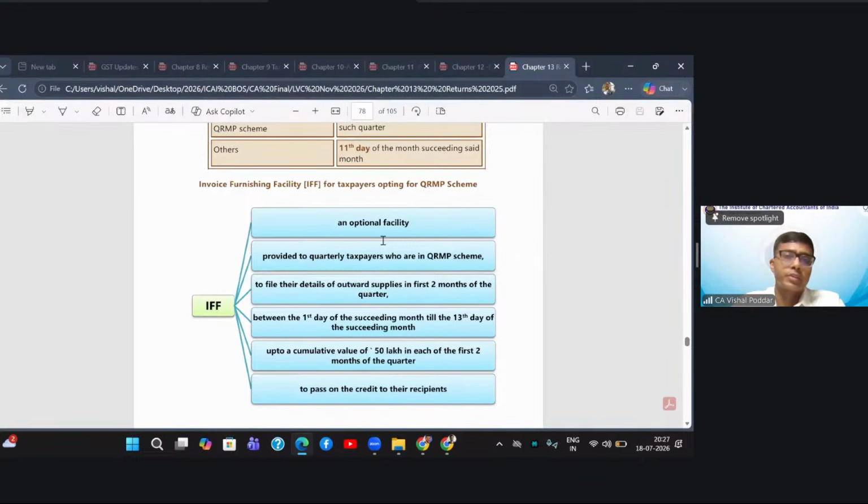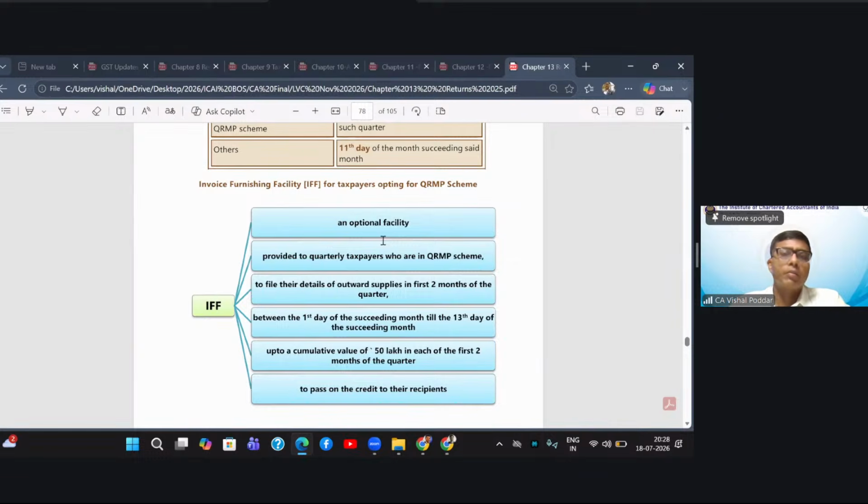Because of this, my recipients in some cases may not be happy to take that particular supply from me because they will get the credit late as I have opted for the quarterly returns. So this was adversely affecting my business.